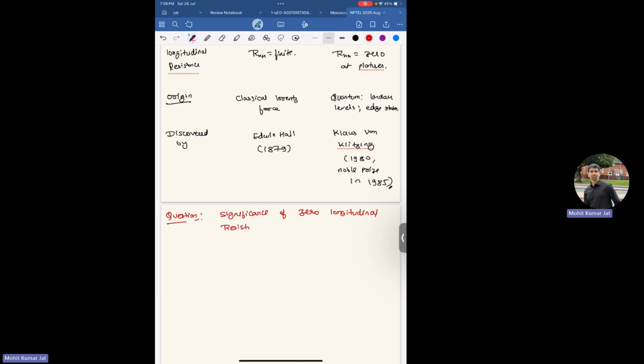Both longitudinal resistivity and conductivity are zero in quantum Hall. And that's surprising, right? Because zero resistance you call superconductor, but zero conductivity you call insulator. Isn't it contradictory?